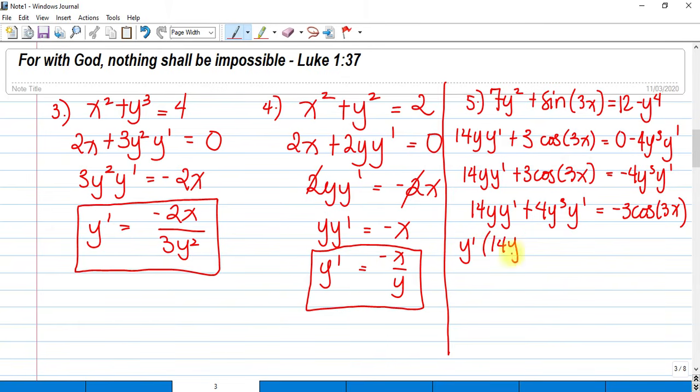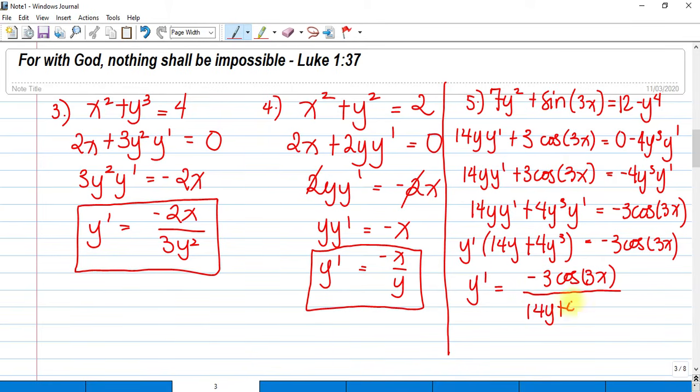So we have y prime times 14y plus 4y cubed is equal to negative 3 cosine 3x. Now, if I divide both sides by 14y plus 4y cubed, we have y prime is equal to negative 3 cosine of 3x over 14y plus 4y cubed. That is our answer for the derivative of this function by implicit differentiation.